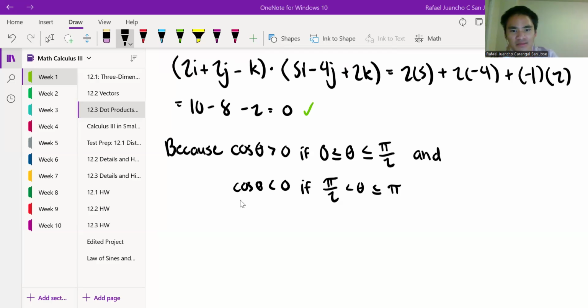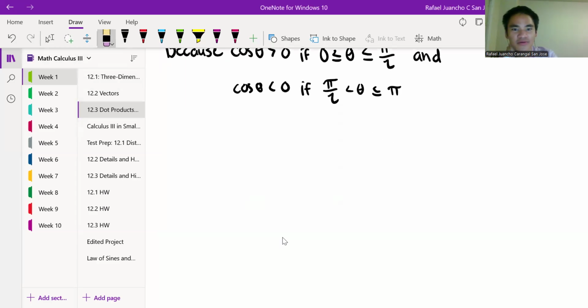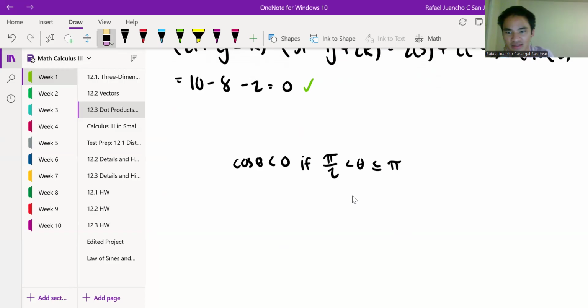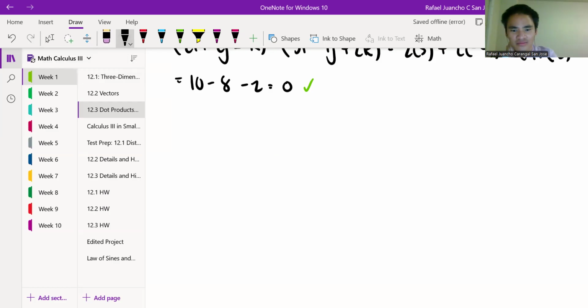Yeah. So I'm not gonna, actually, no, let's scrap this. So the idea basically is how we can use dot products to determine angles, right?